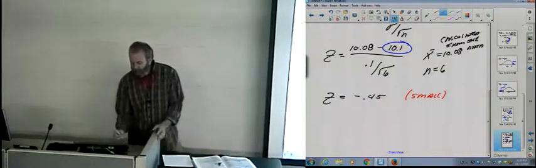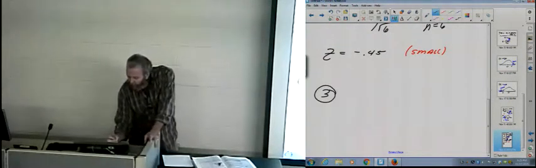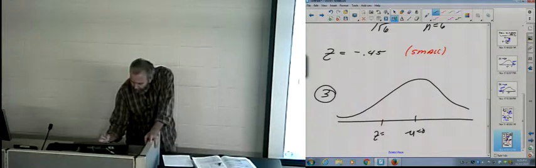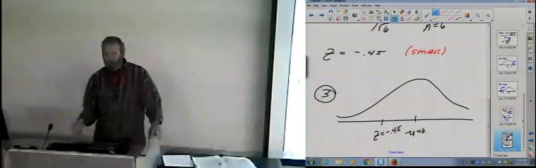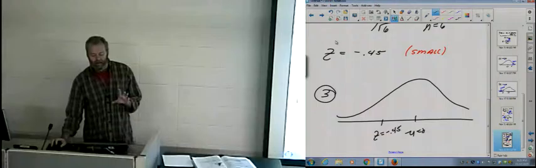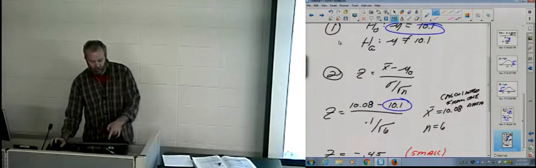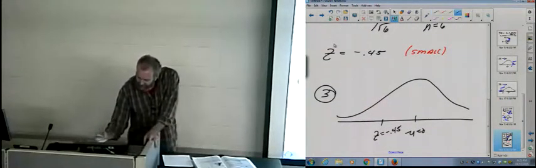Okay? So, step 3 is your p-value. Now, I will draw you the picture at this moment. Now, here's where you got to be careful. We're doing a two-sided test here, right? How do I know that? The alternative is two-sided, yes? So I need to find the area, since the z-score is negative, I need to find this area here.